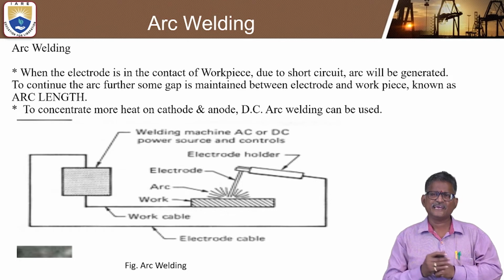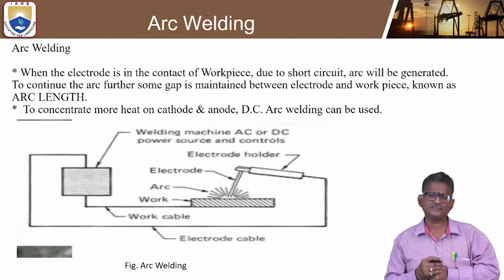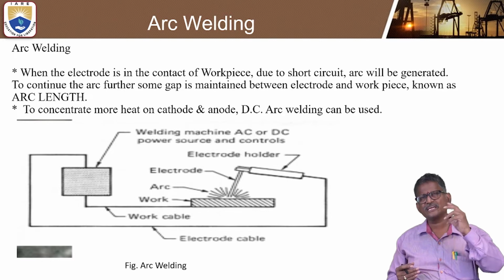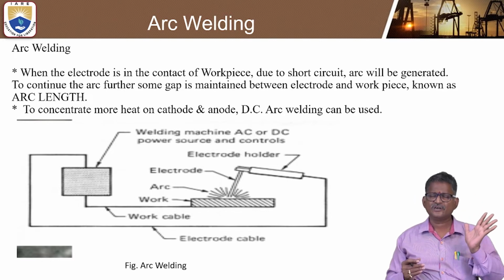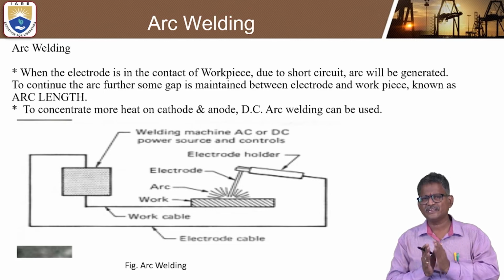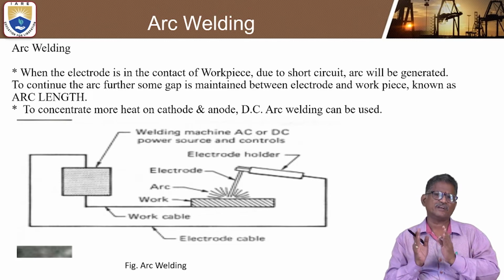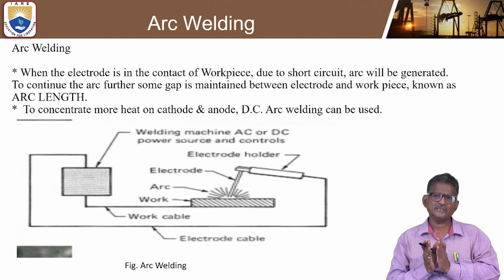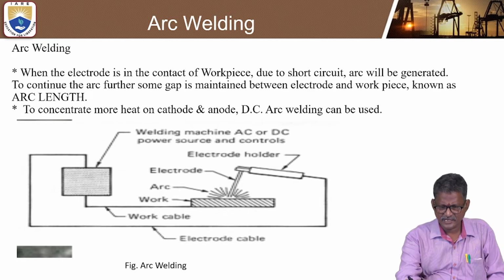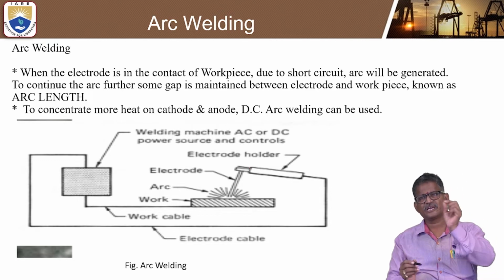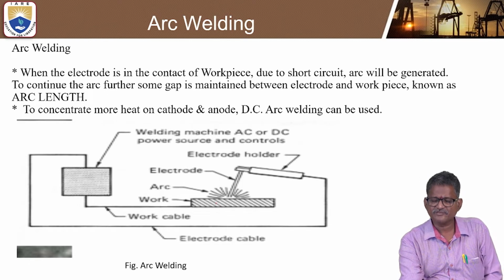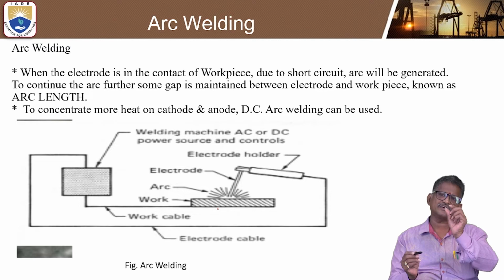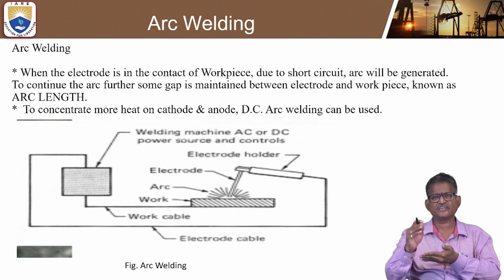This is already explained in the previous videos also. Once again, you should recap the basic concept of arc welding. So I hope, dear students, let us see any arc welding process. In any arc welding process, there will be one electrode kept in an electrode holder, and there will be a workpiece. How can the arc be created between the work and electrode?